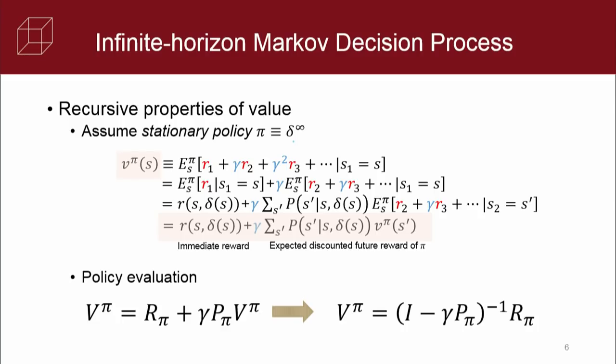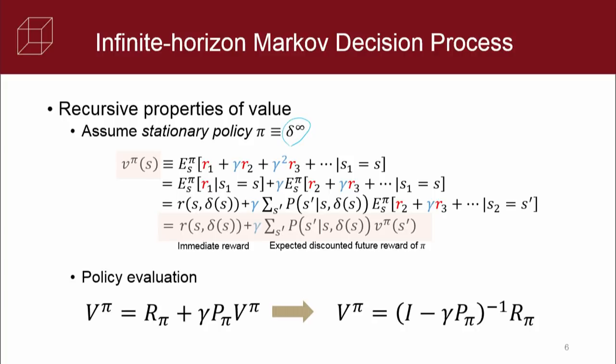Here we assume that the policy pi is stationary, which means for every stage we use the same decision rule, delta. So I just specify delta infinite.